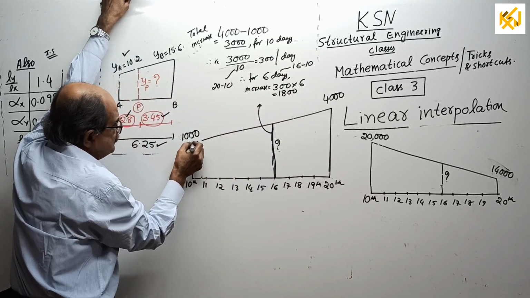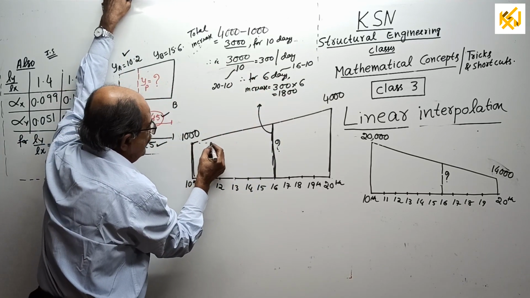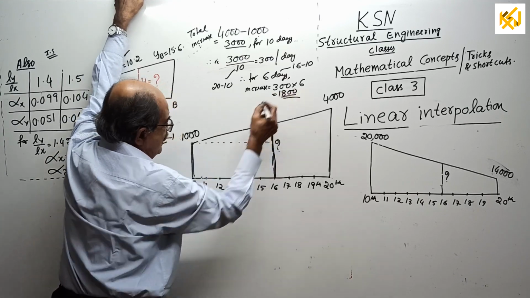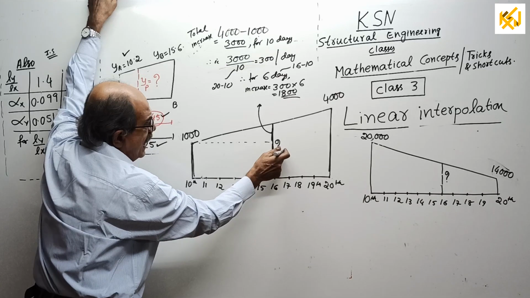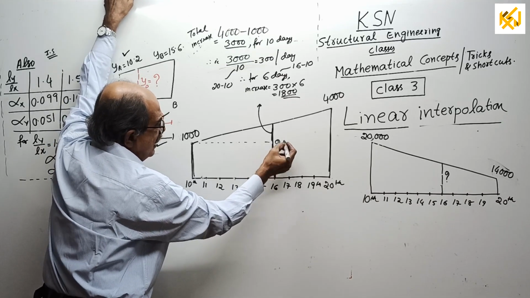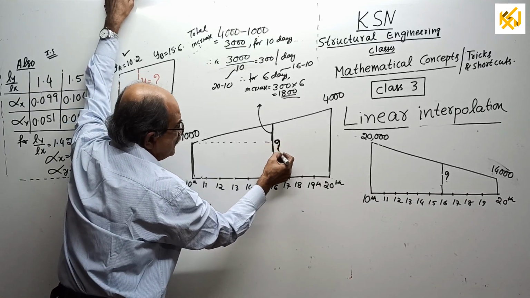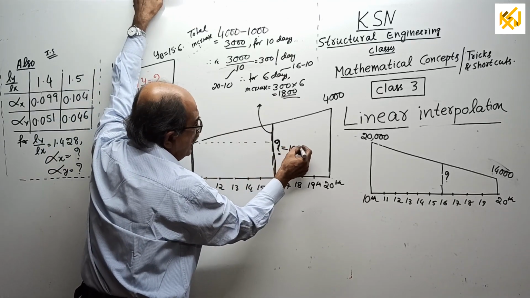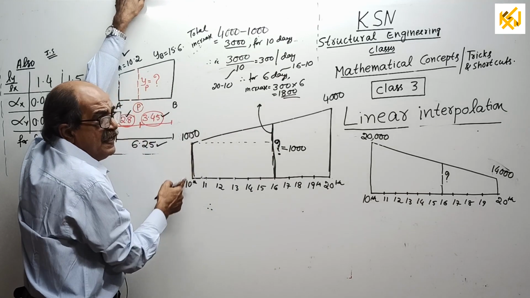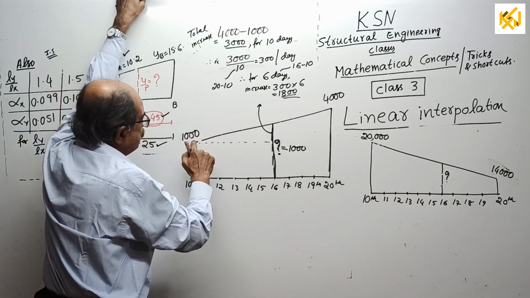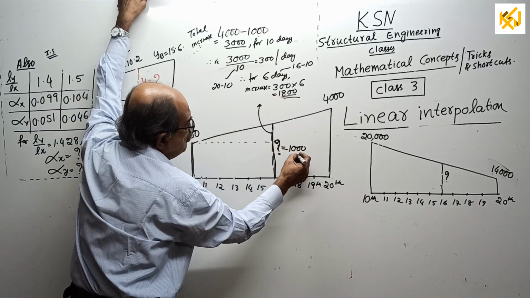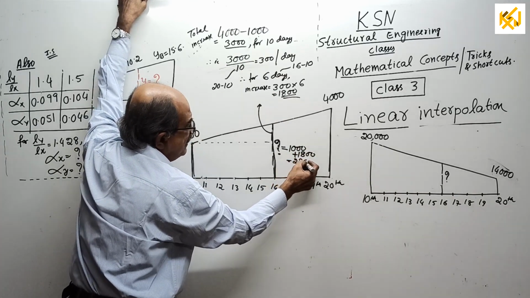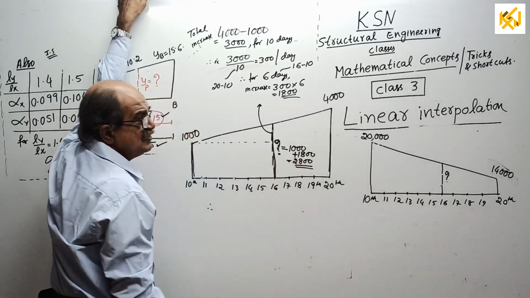Therefore, when I reach this point, the 1,000 will increase by 1,800. This value I wrote here equals the original value 1,000 plus the increase of 1,800, so it will become 2,800. That is the answer.